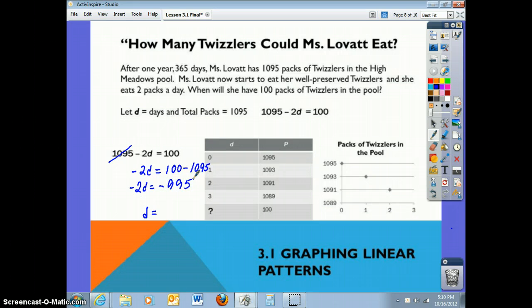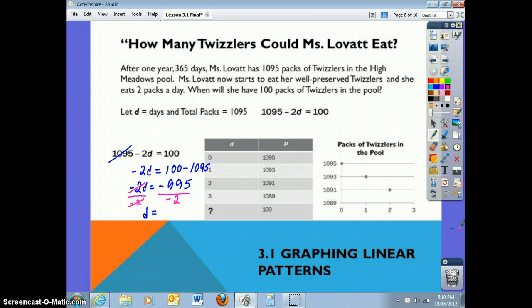Well, that means negative 2D is equal to negative 995. Again, I still am trying to get to D, so I've got to get rid of that negative 2. To get rid of negative 2D, you divide by negative 2. So I divide this side by negative 2, and I divide this side by negative 2. These two negative 2's cancel. That's kind of why we chose it, right? So now I'm left with D on the left-hand side.